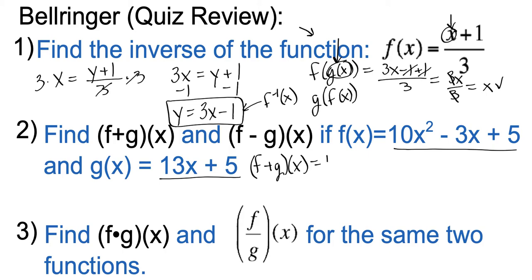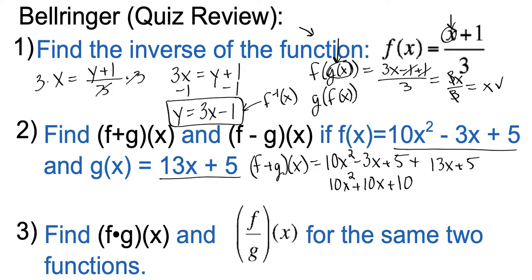So that'll look like this, 10x squared minus 3x plus 5. And we're going to add 13x plus 5. And then just combine like terms. So 10x squared plus 10x plus 10. And there's conveniently 3 10s in that question, but that's what we're going to get.